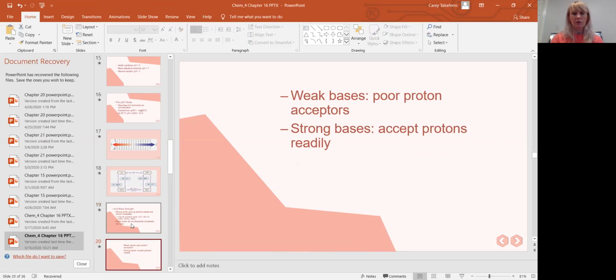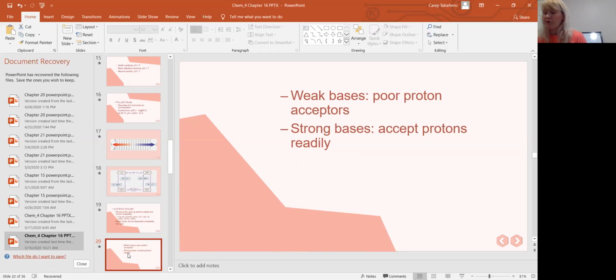When we talk about weak bases and strong bases, well, it's just the opposite. A strong base, using the Bronsted-Lowry definition, easily accepts protons, whereas the weak bases don't as strongly accept those protons. And there's not really a good list of those strong bases.